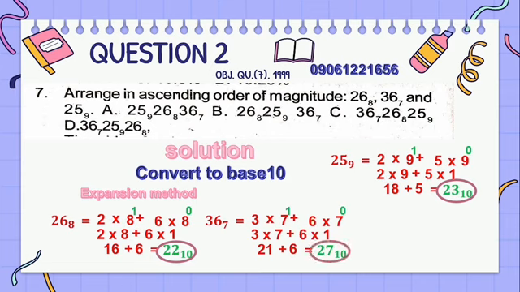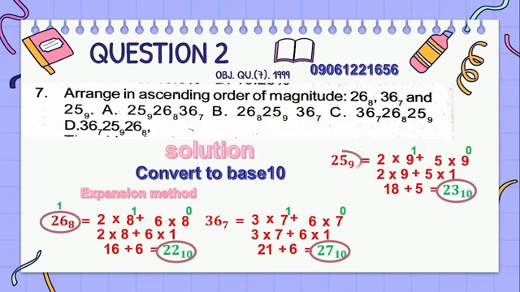Now this 22 was converted from 26 base 8. So the first number is 26 base 8. The second one is 23 base 10, and what converts to 23 base 10 is 25 base 9.